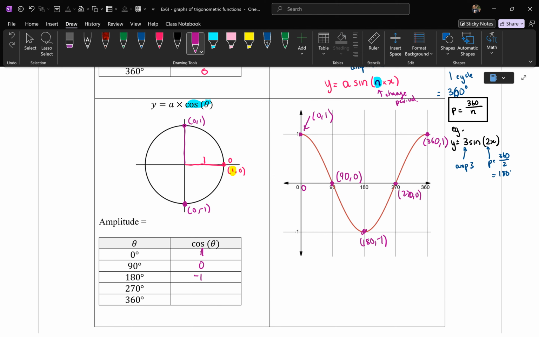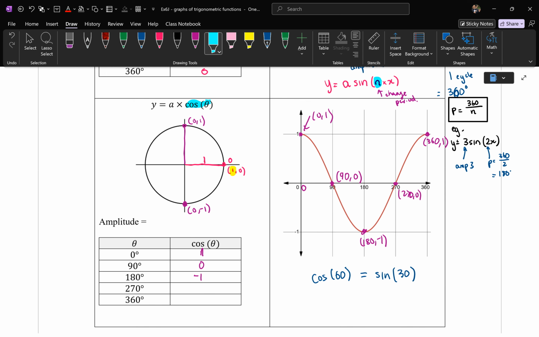This is a cos graph. One of the first things you may have noticed when you were doing the earlier questions is that cos of 60 actually ends up being the same as sine of 30.